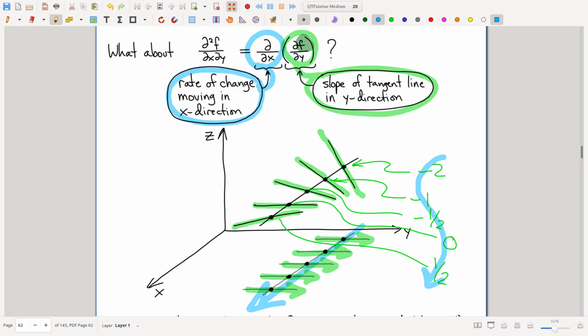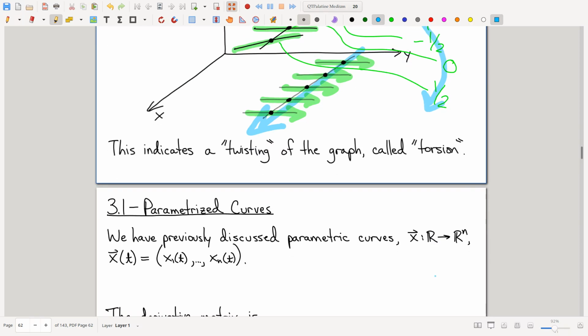That's just one metaphor that you might find satisfying, perhaps. But anyway, in this case, it's a twisting of the graph. Okay, it's very geometrically challenging to see that, but that's kind of what it is.